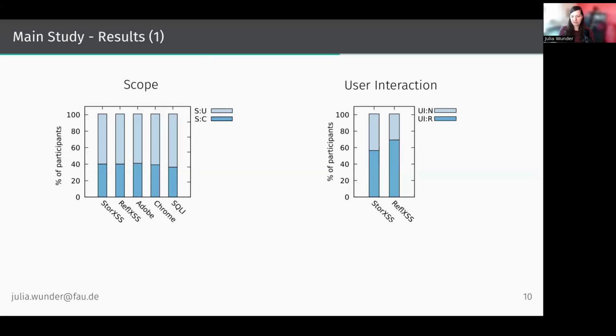Here about, I think it was 55 or 60% rated it with user interaction required, and the other participants with user interaction none. So as you can see, in this case, the user interaction metric is very ambiguous to evaluate. And in general, you can say that CVSS evaluations were not consistent in our study.